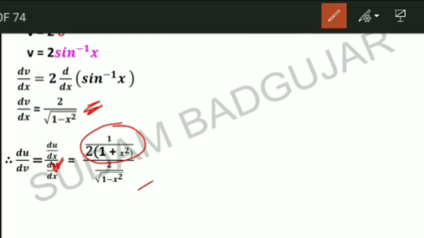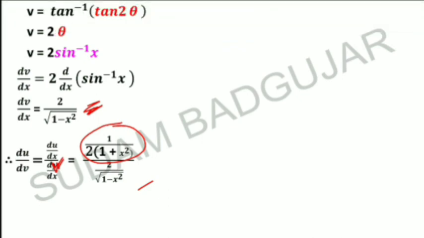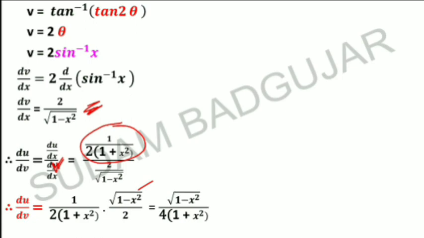Now simplify this, that is taking the reciprocal and multiplying the denominator: 1 upon 2 into bracket 1 plus x square, into the reciprocal, under root of 1 minus x square upon 2. Now it is nothing but under root of 1 minus x square divided by 4 into bracket 1 plus x square. That's it. This is a very simple form.